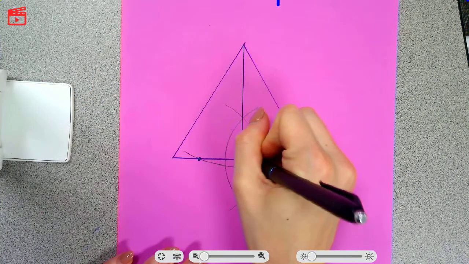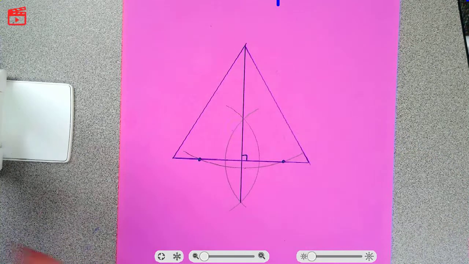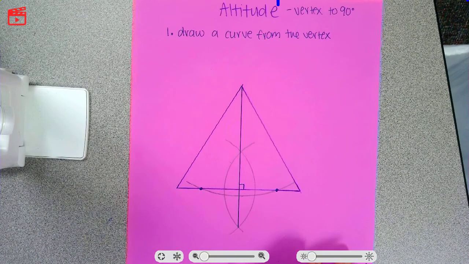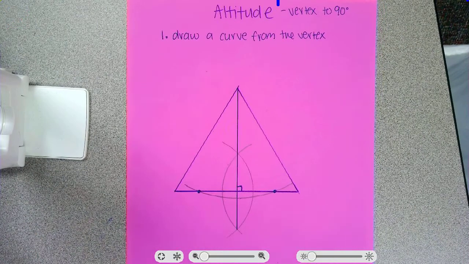And that is your altitude. It probably doesn't help that my triangle looks a little like an equilateral. Okay. Does the altitude bisect? No. It just goes from the vertex to a 90-degree angle.